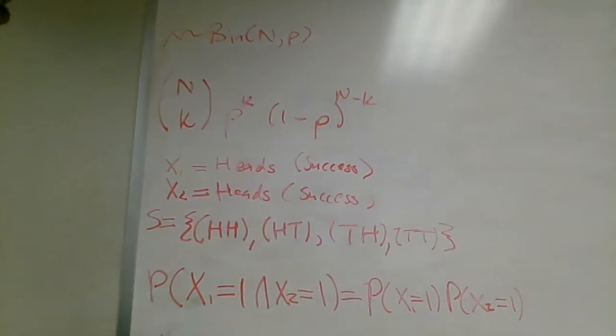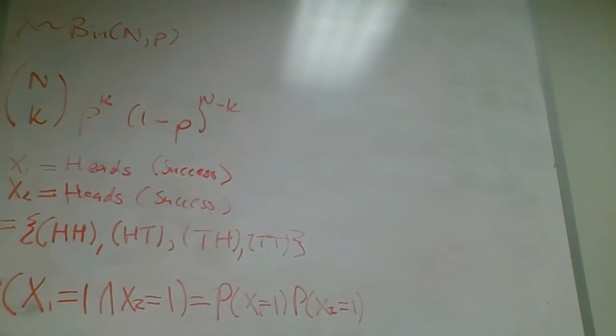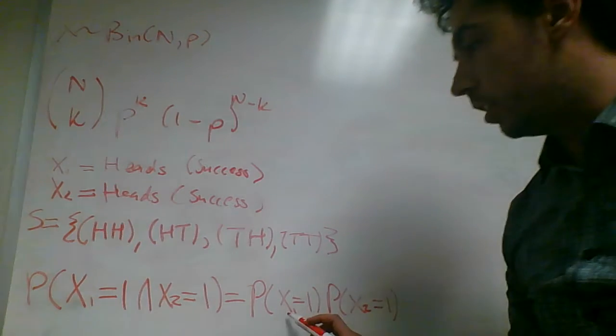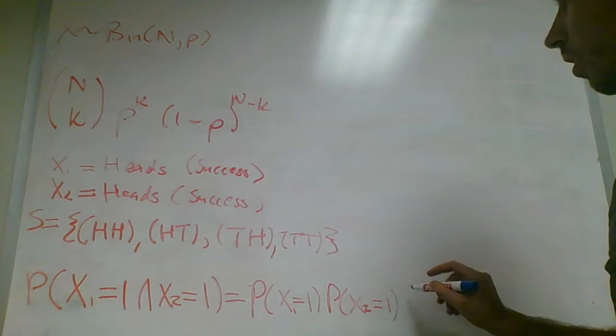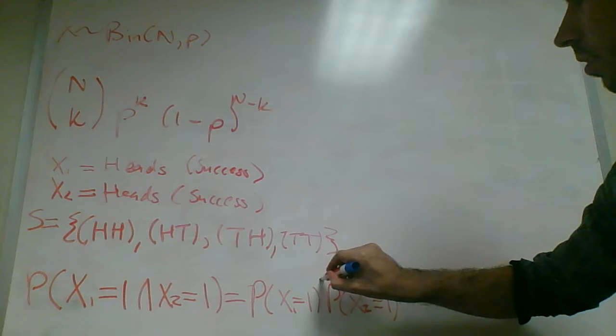Now remember from what I said before, because each trial in itself is Bernoulli, I can use the Bernoulli distribution to find this and the Bernoulli distribution to find this.